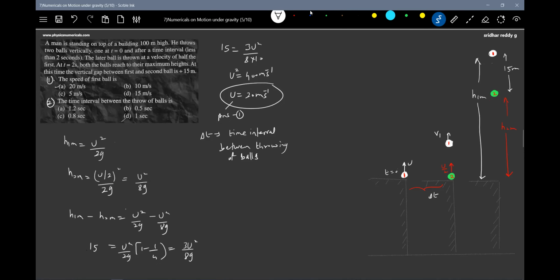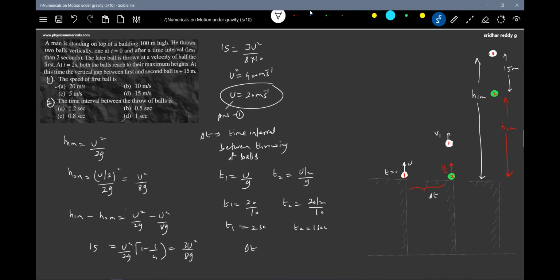How to calculate that? What is the time of ascent of the first ball? U by G. That of the second ball, only time of ascents. And we know velocities. So velocity is how much? 20 by 10. This will be 2 seconds. And this will be 1 second.